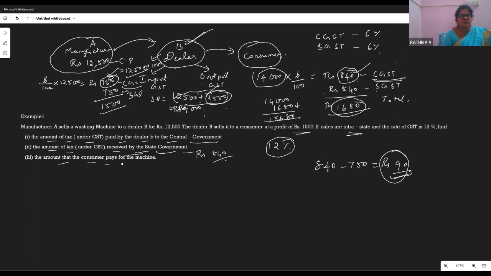And the amount the consumer pays, we have already calculated: 14,000 rupees plus 840 to the central government and 840 to the state government, so rupees 15,680. This is the amount paid by the consumer.